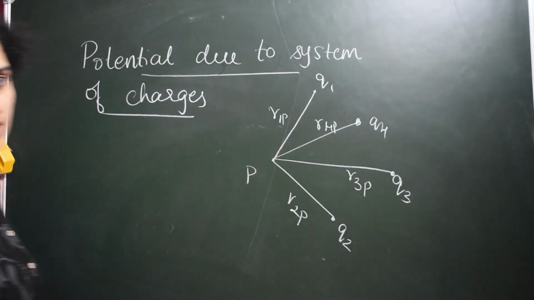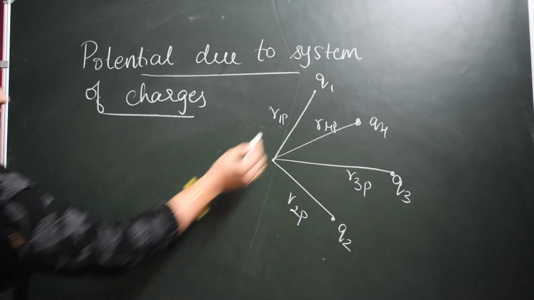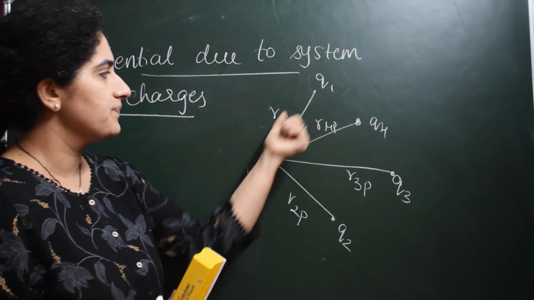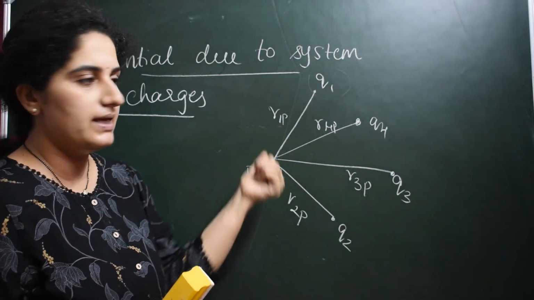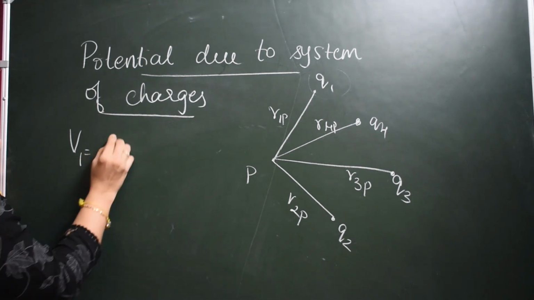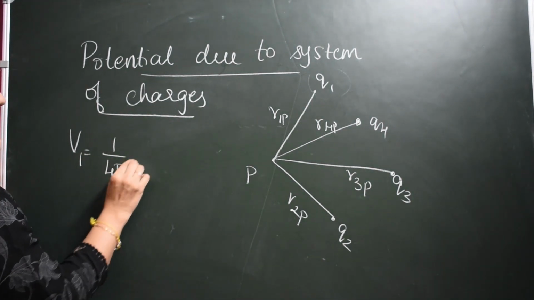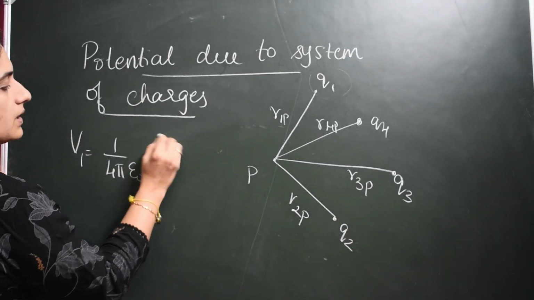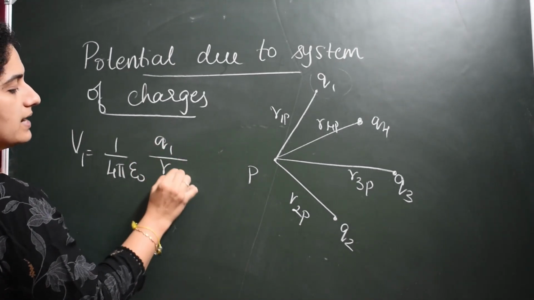Q5 may be here. So for the first charge Q1, at a distance of R1P, the potential V1 will be equal to 1 by 4 pi epsilon naught Q1 divided by R1P.